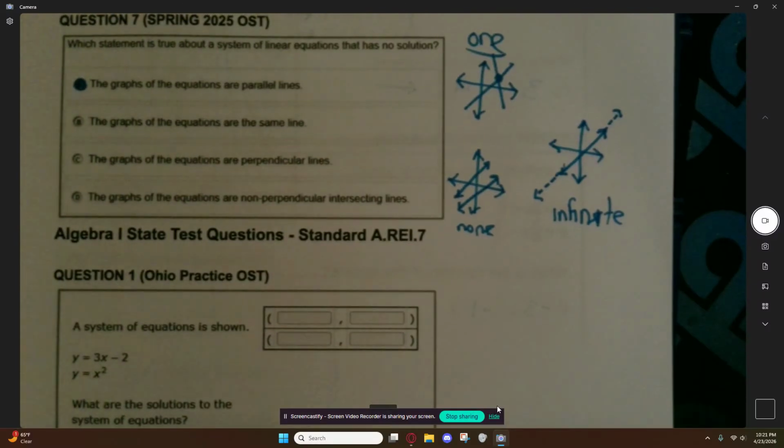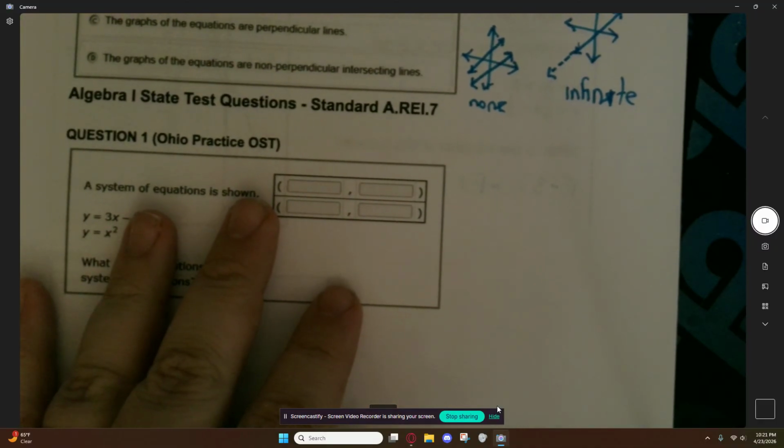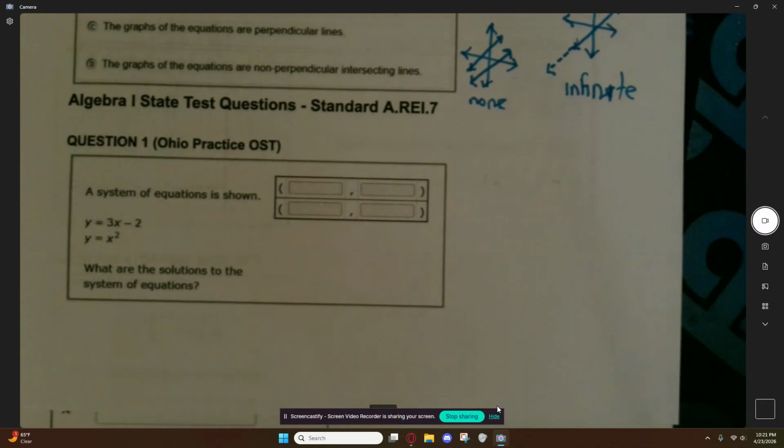Today, we're talking about standard A.REI.7, still smack in the middle of the wonderful system of equation standards. If you've watched the previous videos in chronological order, this is going to feel like an incredibly repetitive standard.